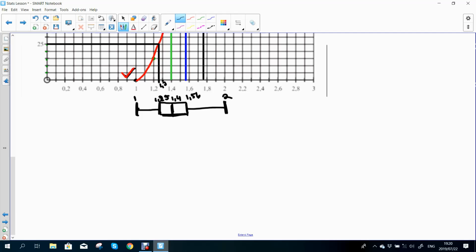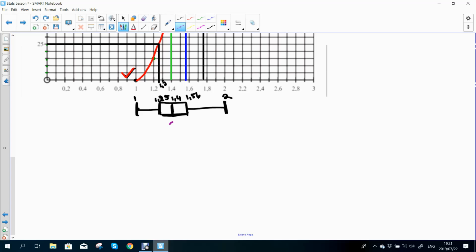Okay, and then it says comment on the skewness of the graph. Now, guys, there are so many ways to comment on the skewness of a box and whisker graph, and every textbook is different. But last year at marking, we decided that when we talk about skewness, we're only going to look at one way of finding the skewness of a box and whisker, and this is now to not get confused between all the other ways that the textbooks describe.